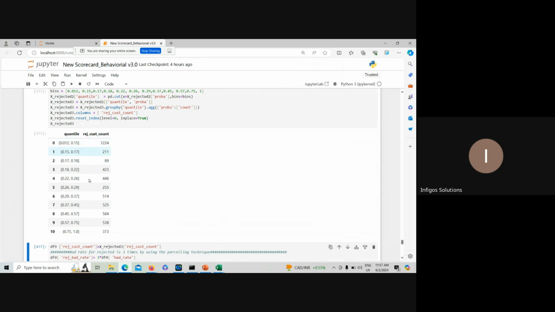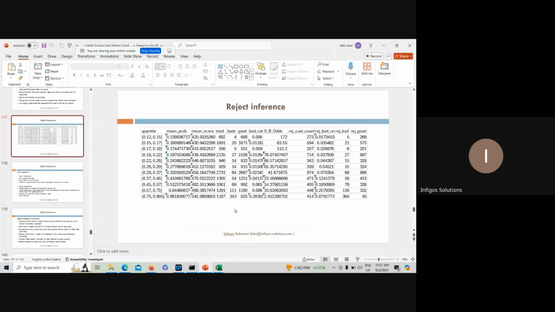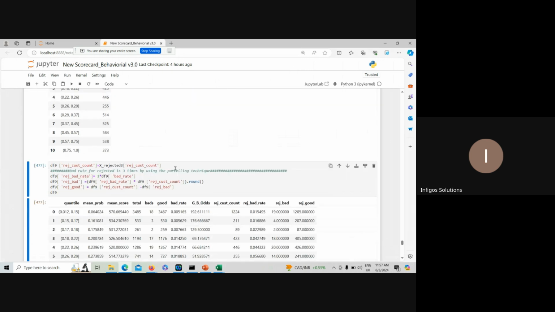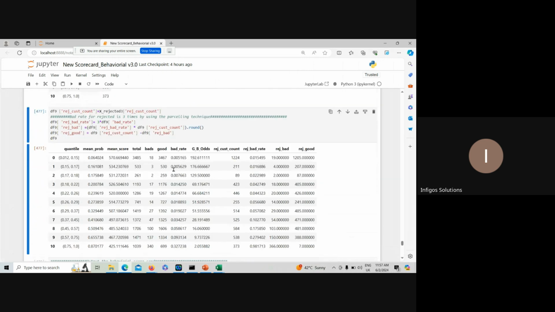So based on those bins, we got this kind of calculation. Okay, this was one. And then we will calculate. You see this particular one.